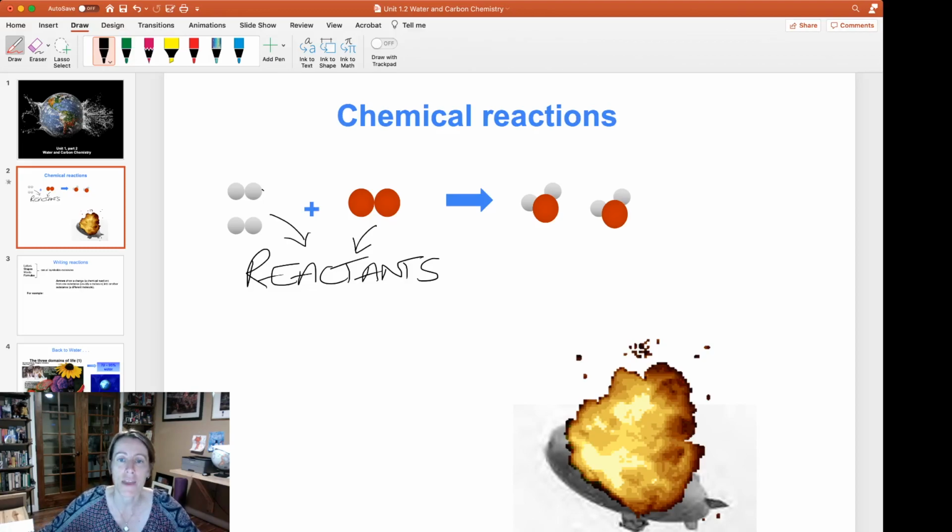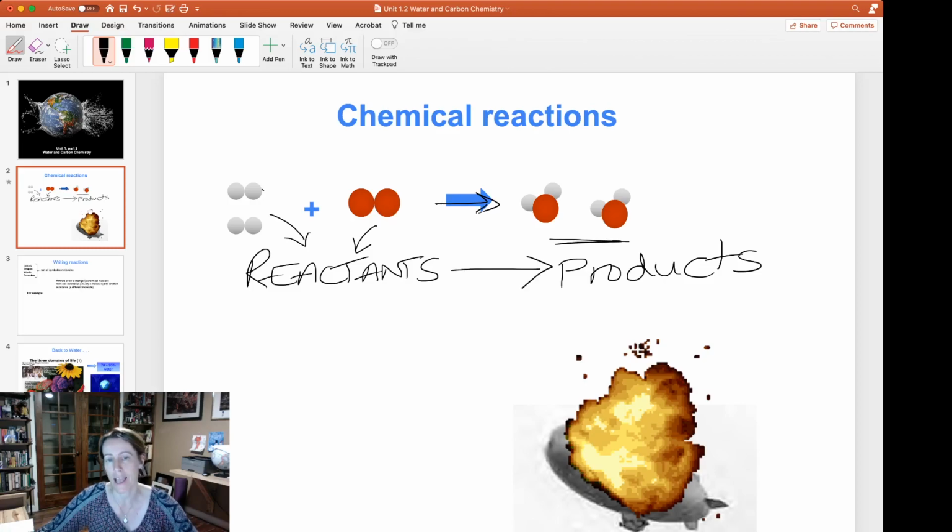And the stuff that you get out at the end, which is on this side, these are the products, what you produce. So these are our reactants, what we start with on the left, and these are the products, what we end up with on the right. And the arrow shows you that you're going from reactants to products. The arrow symbolizes that there's a change going on. So this is some vocabulary.